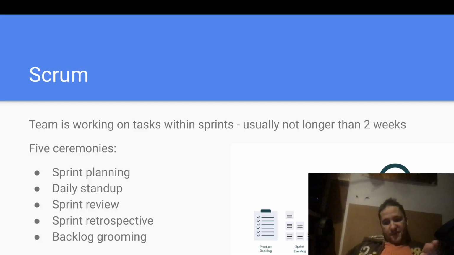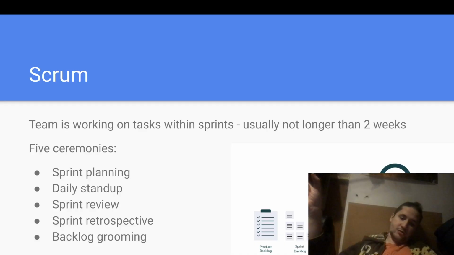So the thing is, when something is picked from the product backlog, it goes to the sprint backlog, and it's going to be defined, saying like, we're doing issue A, issue B, issue C, and issue D within the first sprint. That is our goal, to finish all 4 of them.